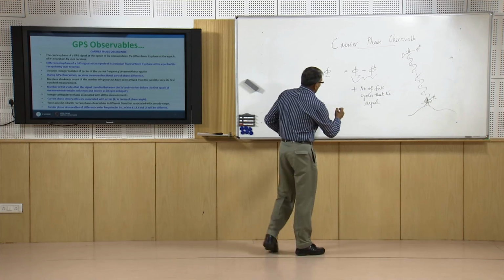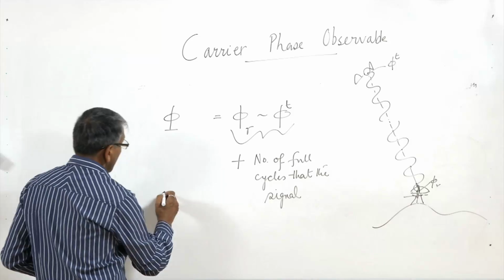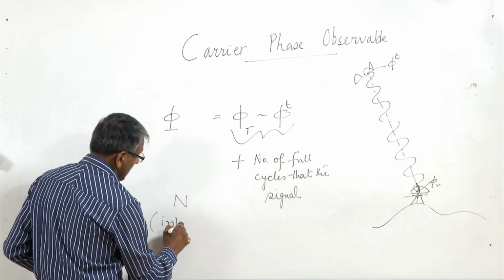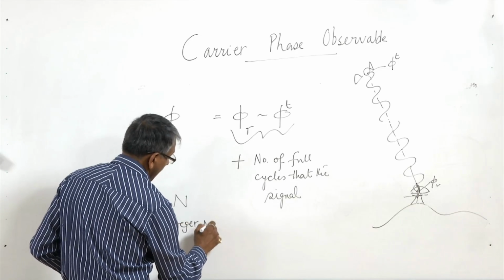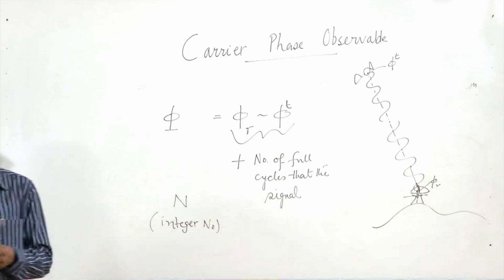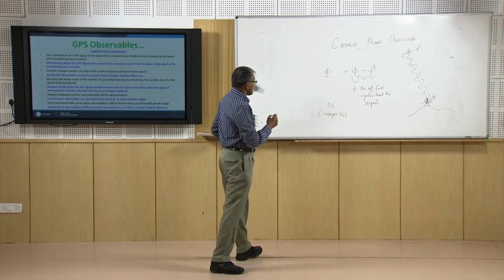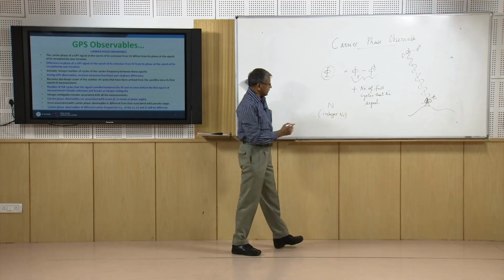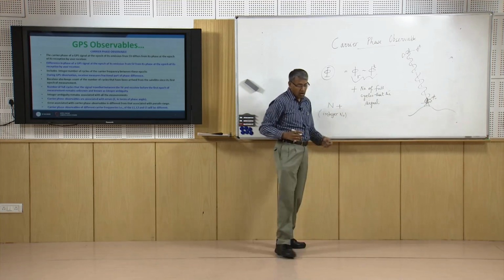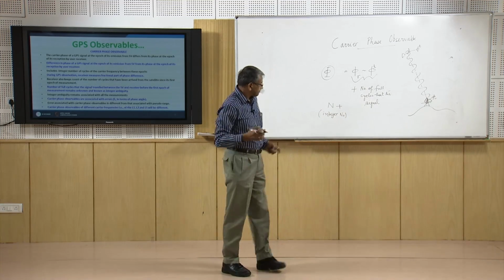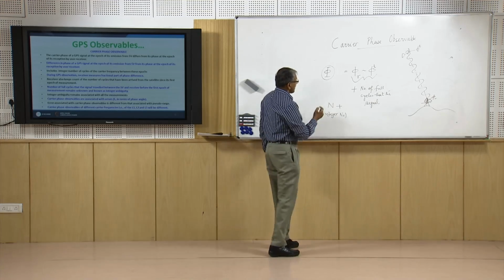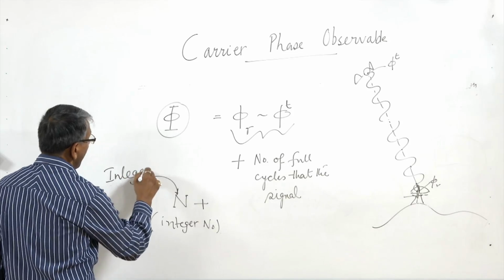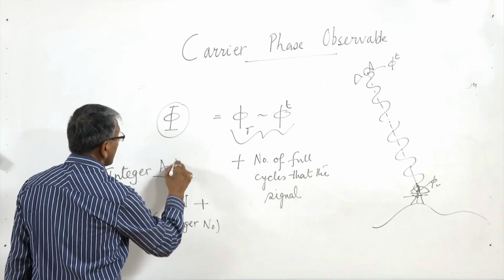So there will always be an integer number N associated with the carrier phase measurement observable, which is not known to the user, and that is known as integer ambiguity.